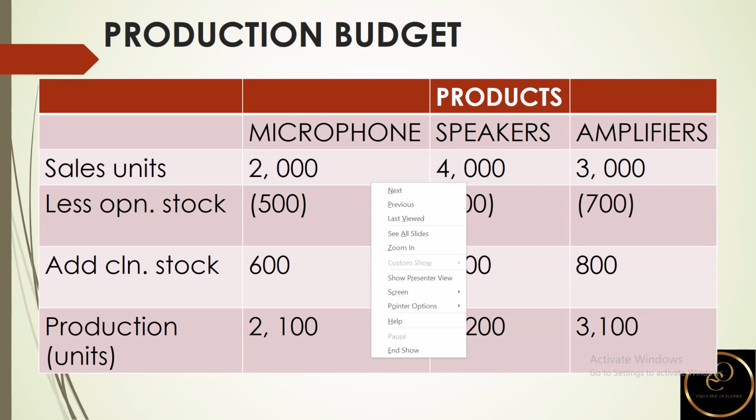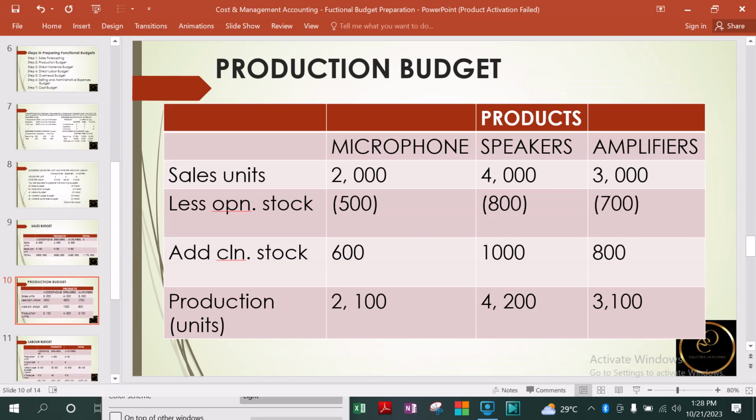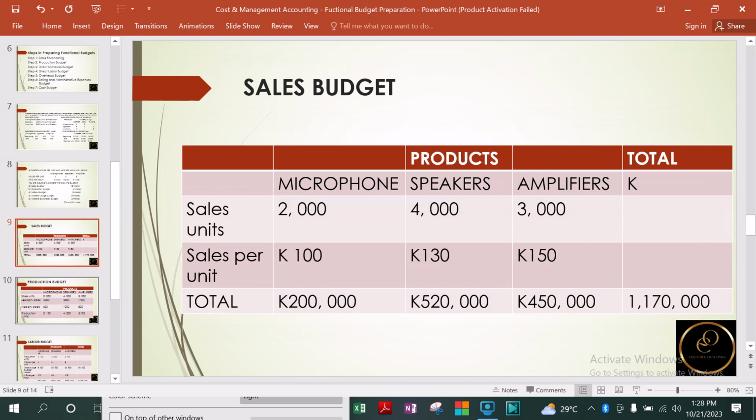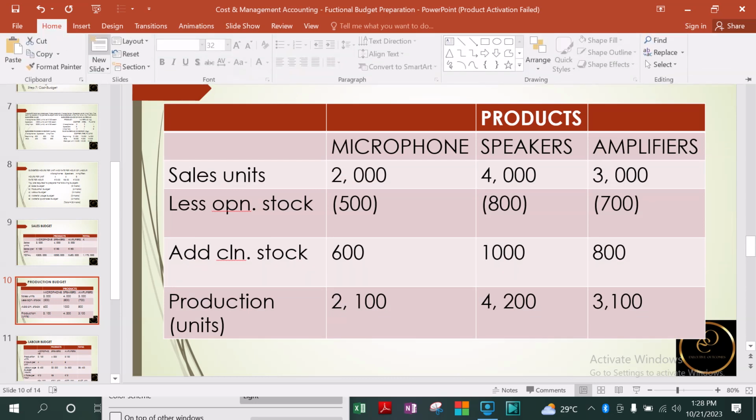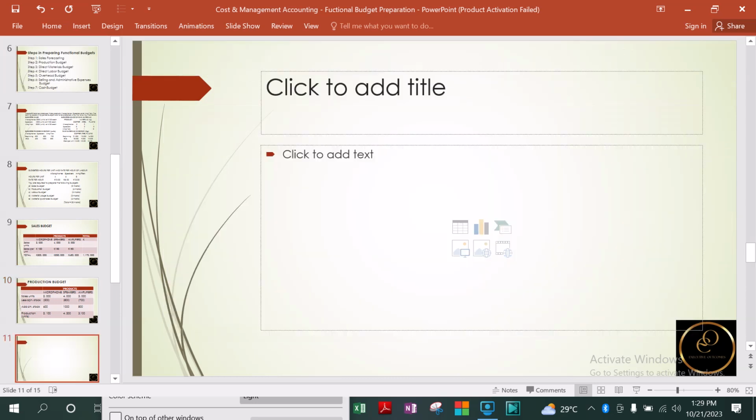I'll show you a simple analogy here. In this particular case, this is the production budget. So how do I get to analyze it in this way? So let me show you one kind of relationship that you need to know.